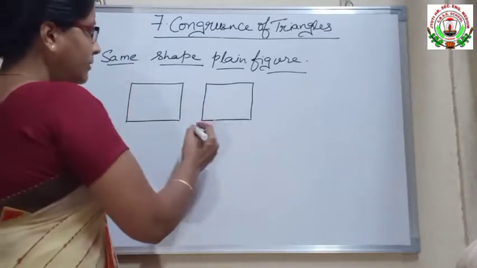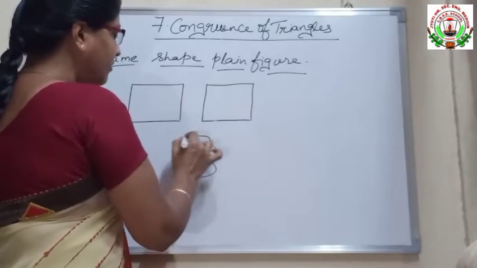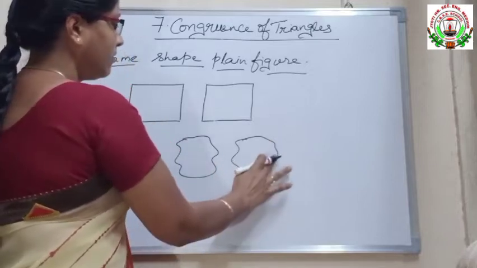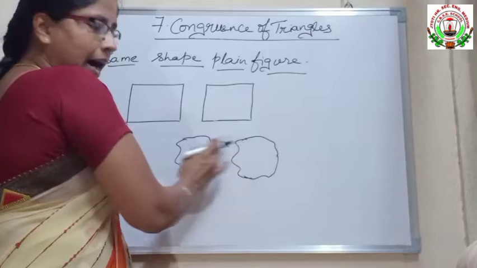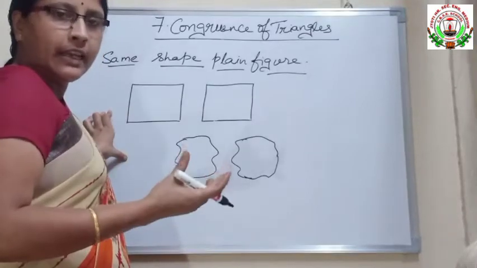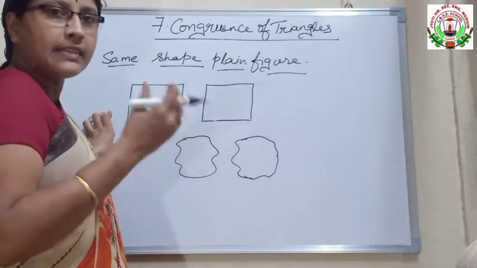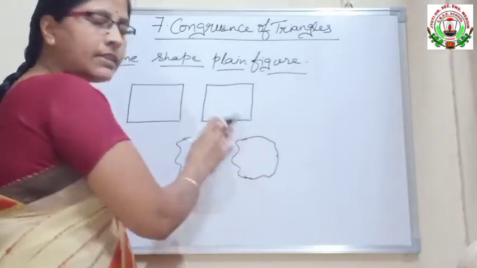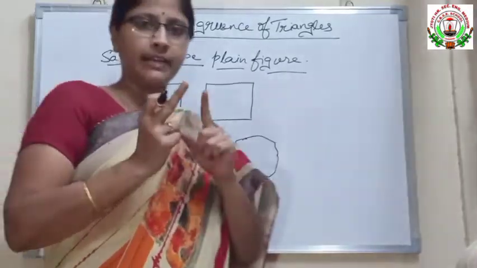If I take not only plane figures, if I take any curve, and the same curve if I draw, these two are same. Anything having same shape, same size, same figures, they are called identical. These two curves are called identical. Your coin is having two sides.